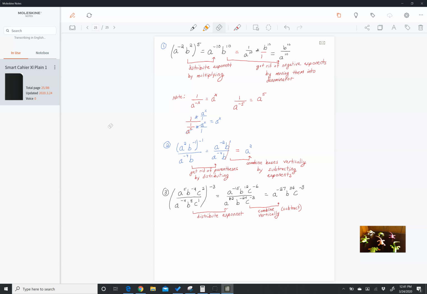And then the final thing that we're going to do is get rid of these negative exponents here. And the way that we do that is we just move them to the denominator. So we have b to the 36 is positive. It stays where it is. A to the 27th goes to the bottom. And c to the 3rd also goes to the bottom.